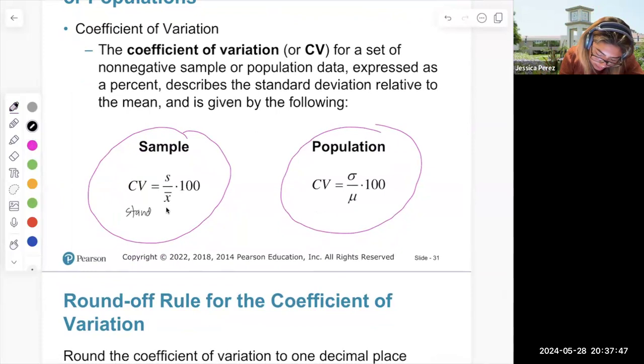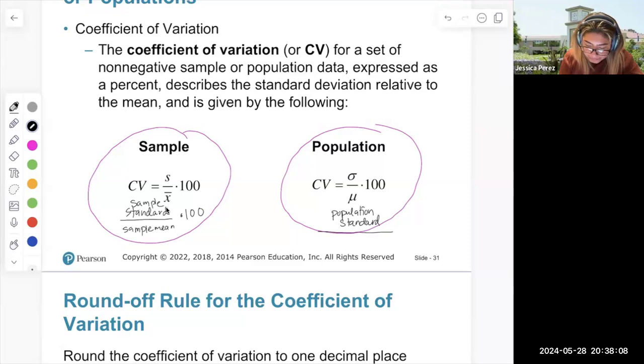This is the sample standard deviation divided by the sample mean, times 100. And here is your population standard deviation divided by the population mean, times 100.